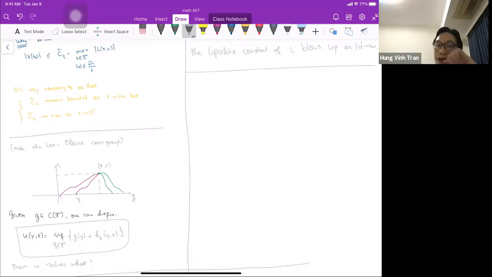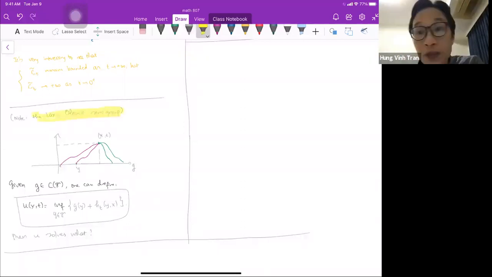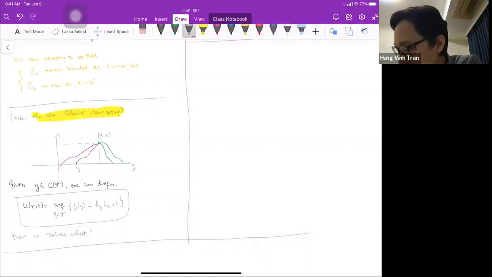Okay. So the point here is going from optimal control, what we can see here. This is the Lax-Oleinik semigroup, which, as I said, comes very nicely from optimal control theory. So the problem is this. I'm redrawing it in a bigger picture.